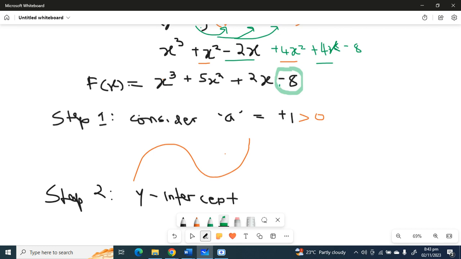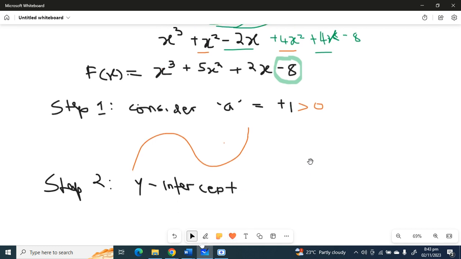So in this case here, this -8 is our y-intercept. But you have to do it formally, so you're going to substitute x for 0 in the original function. So get your piece of paper and substitute x into the function. Let me know if you get -8.